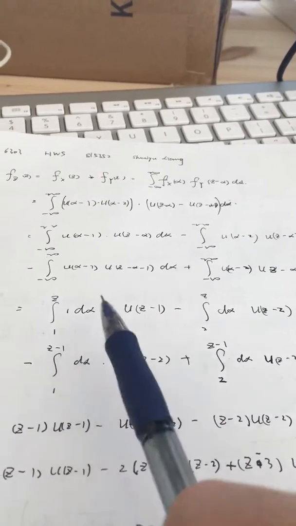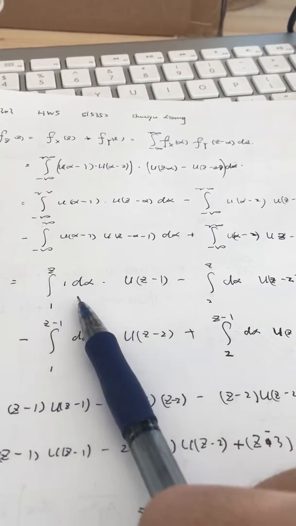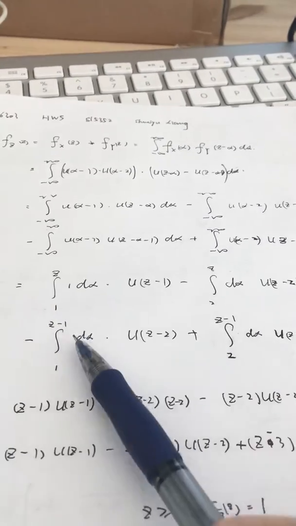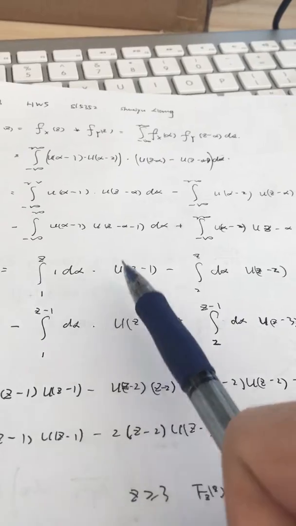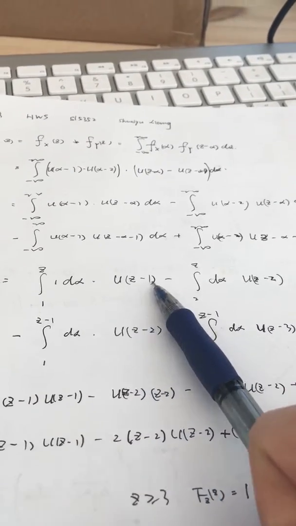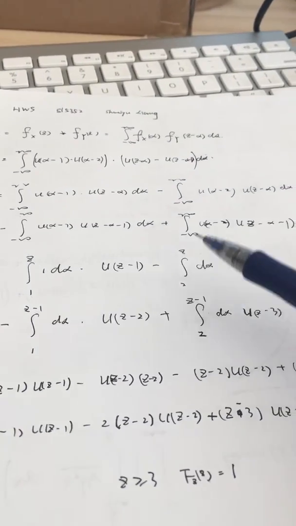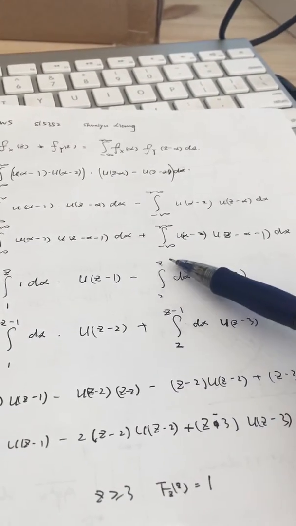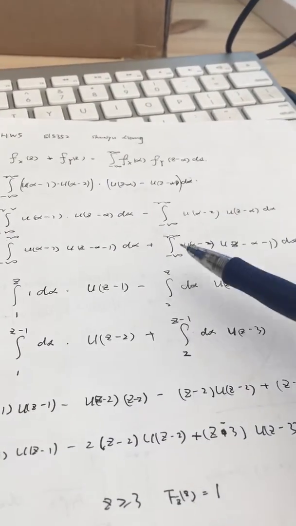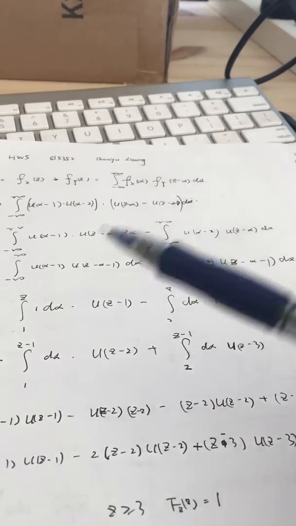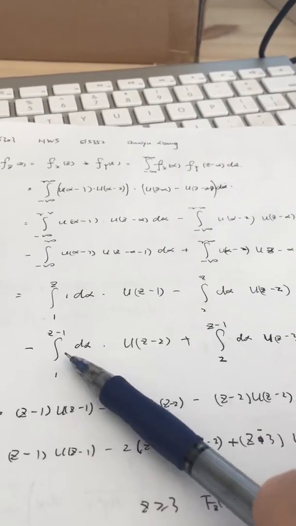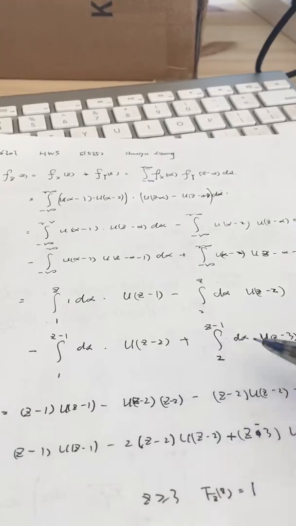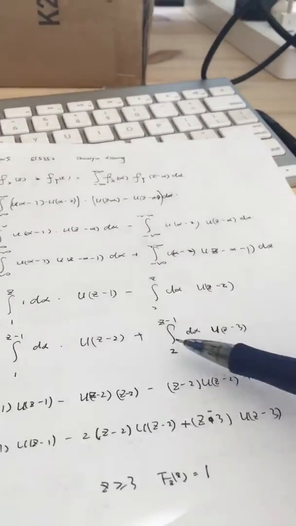To make Z bigger than 1, we multiply by u of z minus 1. For Z bigger than 2, it can be an interval indicator, and this one is the same, so we write a z minus 2 step function, and this one a z minus 3 step function.